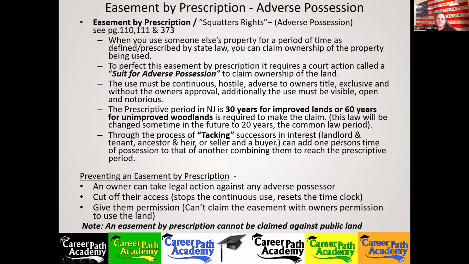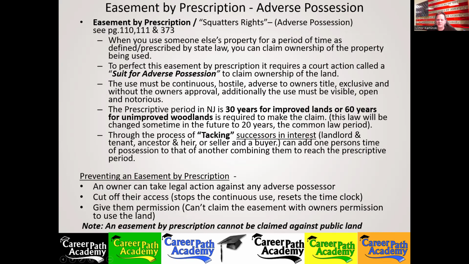All right, let's go over that easement by prescription again here, also known as adverse possession. When you use someone else's property for a period of time as defined or prescribed by state law, you could claim ownership rights of that property that's being used. Now, to perfect this easement and to gain that ownership, it does require a court action called a suit for quiet title or a suit for adverse possession.